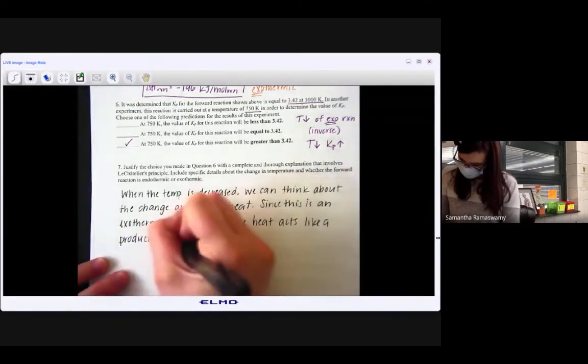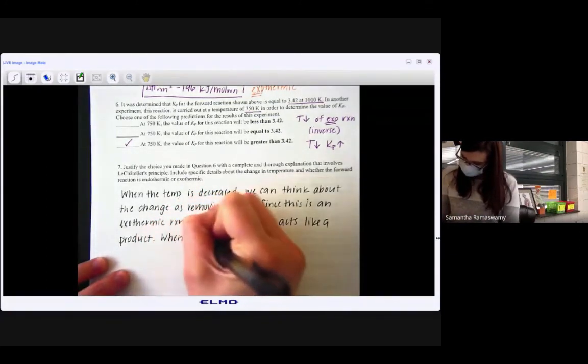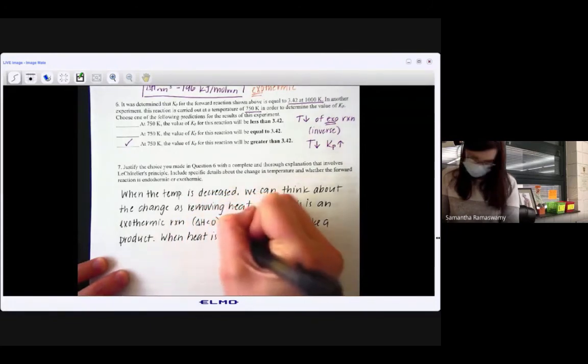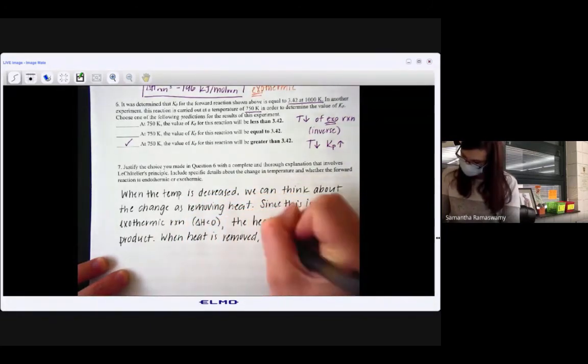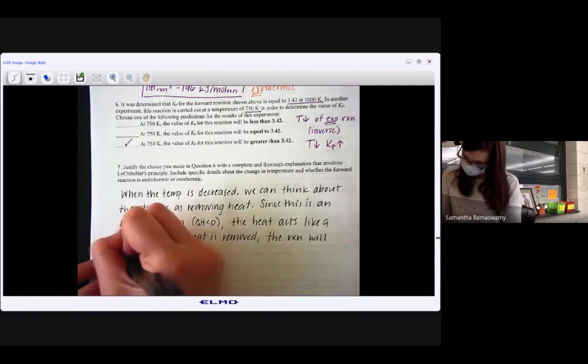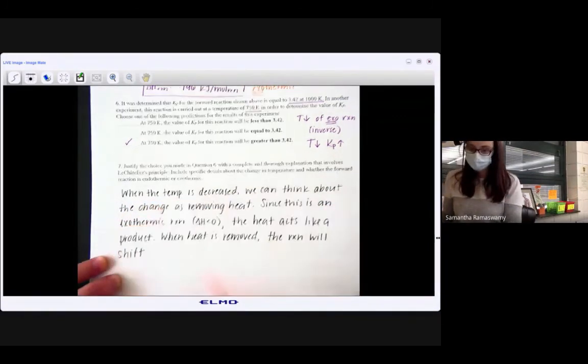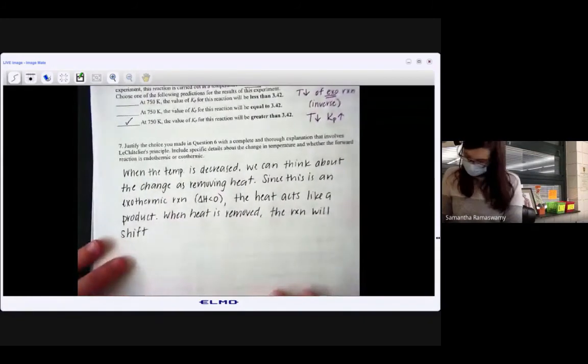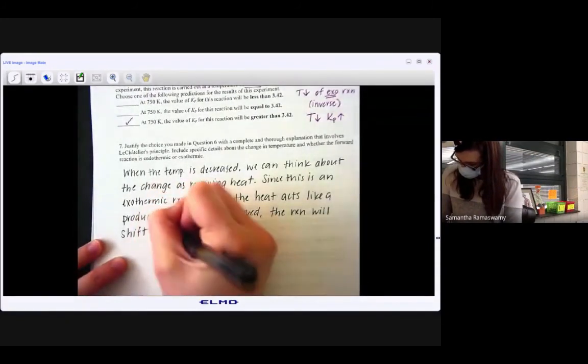So when heat is removed, the reaction will shift to make more products.